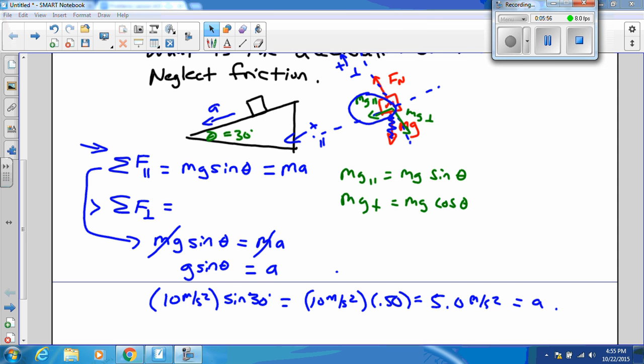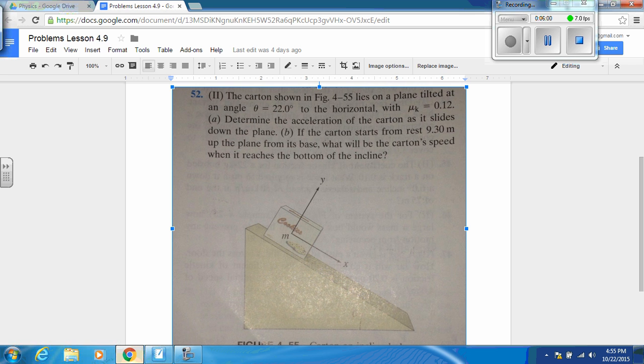For our second example, we're going to take a look at a problem from your book, which is number 52. I have it right here. The carton shown in the figure lies on a plane tilted at an angle of 22 degrees to the horizontal with mu k equal to 0.12.